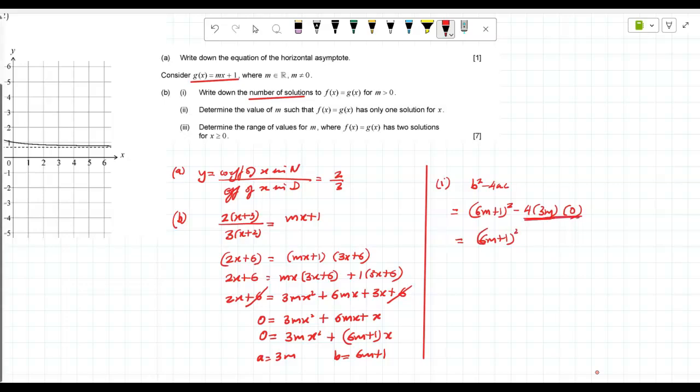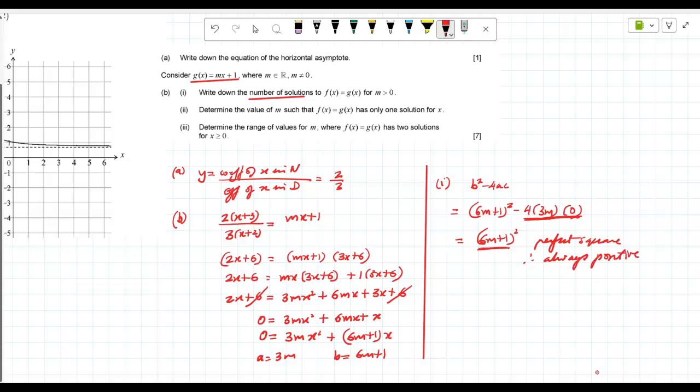So it is 6m plus 1 the whole squared. It didn't matter to you because the 3m was there, a goes off, so your answer didn't get affected. Now there's a perfect square, so there are two solutions. Therefore it is always positive.